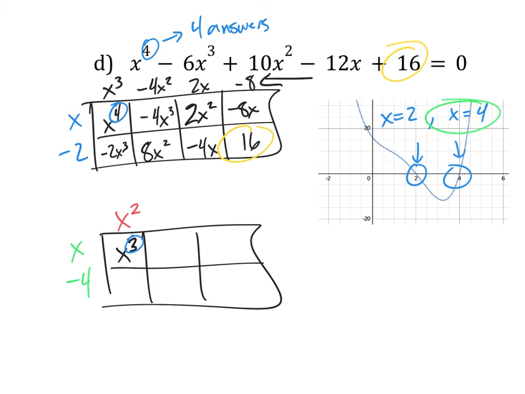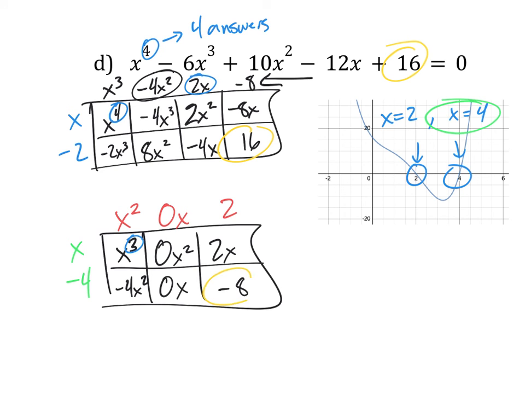So then I have a negative 4x squared there. That's actually what I have right here. And so I need to add 0 more x squareds. So then I have to have a 0x here. And so then I need to get to 2x, which is right here. So I'm going to add 2 x's, which means I have to have a 2 up here, which means I'm going to have a negative 8 there. And because this matches this now, that means I'm done.